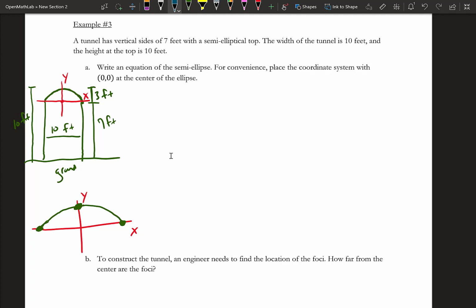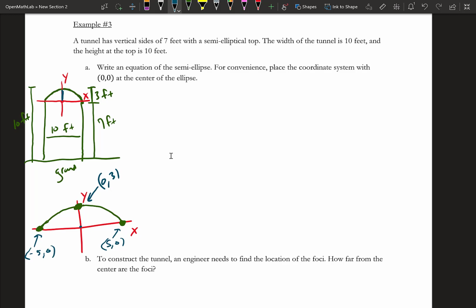So the width is 10 feet. So if the center's at 0, 0, then this point would be the point 5, 0, right? And this point would be negative 5, 0, right? And then this part that I put a blue line in the top here, that's 3 feet. So that tells me that this ordered pair would be 0, 3, right?